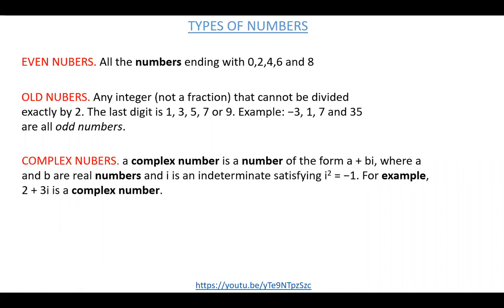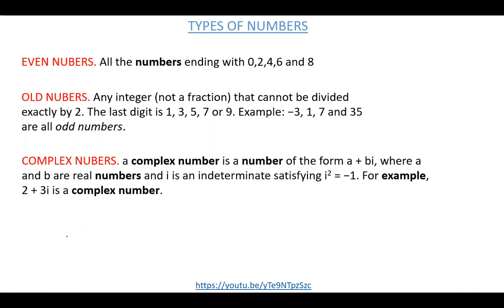We also have what are called complex numbers. We're going to discuss them in details. I know there's a topic coming called complex numbers, but for now, let me just mention that complex numbers are numbers that contain an imaginary number. In other words, complex numbers are also known as imaginary numbers.